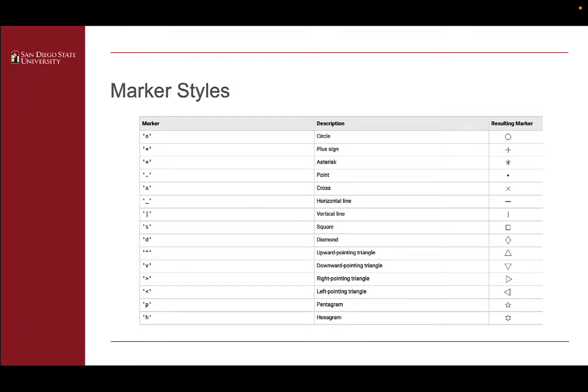But we can add some markers in our plot function. There are some keywords for markers, and you can see the results in the right column. We have circle, plus sign, asterisk, point, cross, horizontal line, vertical line, square, diamond, etc.